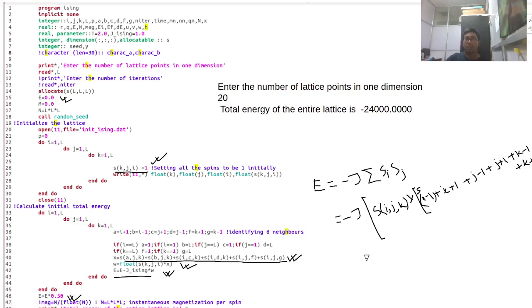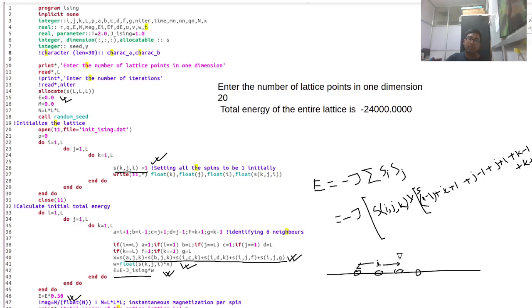So why am I doing this? Basically you have this kind of a structure, right? So what will happen is, let's say I am calculating for this one. Then I have to check for interaction with this particle, and I have to check for interaction with this particle also.